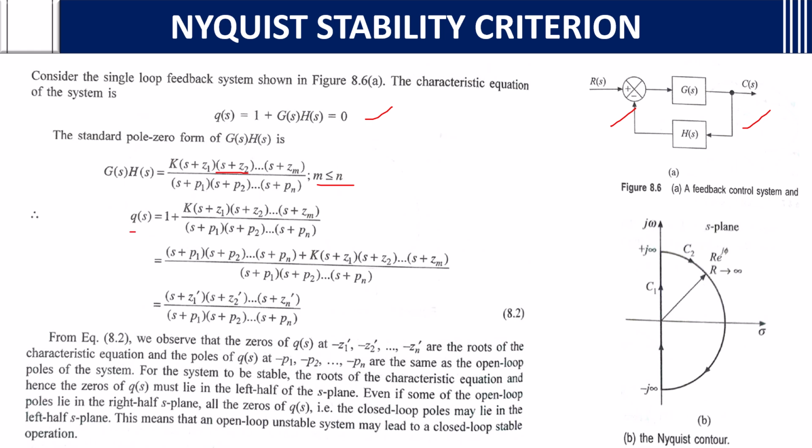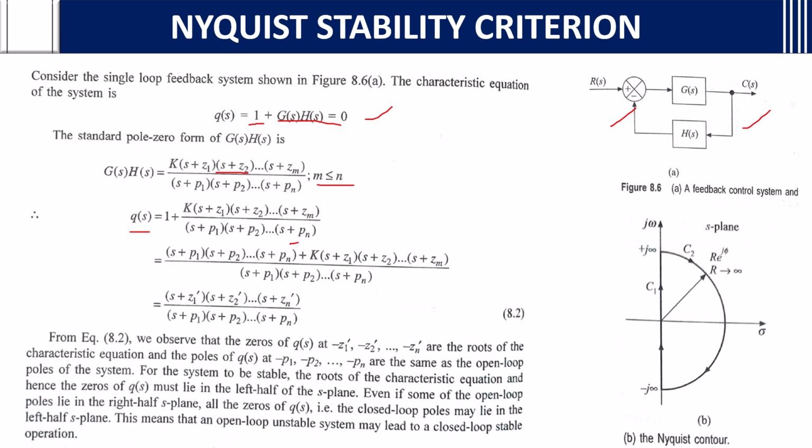So Q(s) = 1 + G(s)H(s). If you take the LCM, you get all the poles plus K times the zeros, divided by the poles. So you can write this numerator as (s + z1')(s + z2')... up to (s + zn').